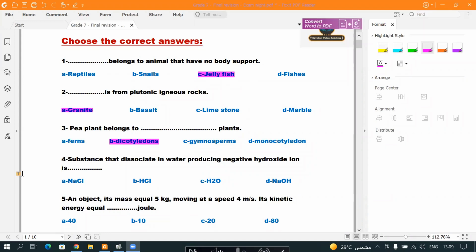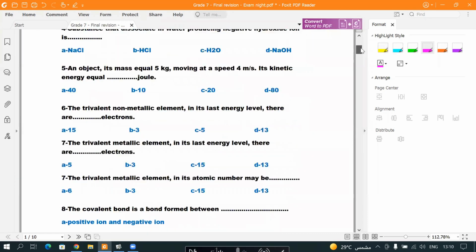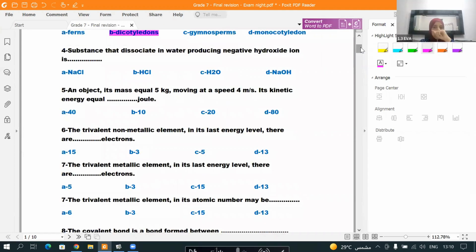Substances that dissociate in water producing negative hydroxide ion is? What are these substances? The first one, NaCl, is sodium chloride. The second one is hydrogen chloride, hydrochloric acid.